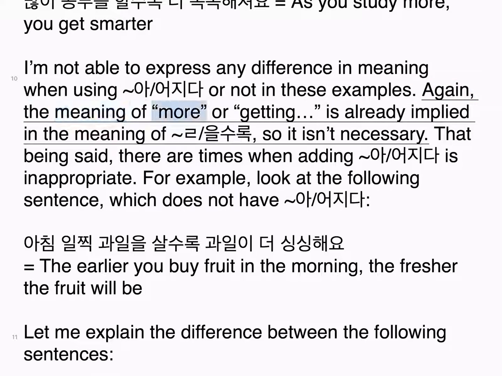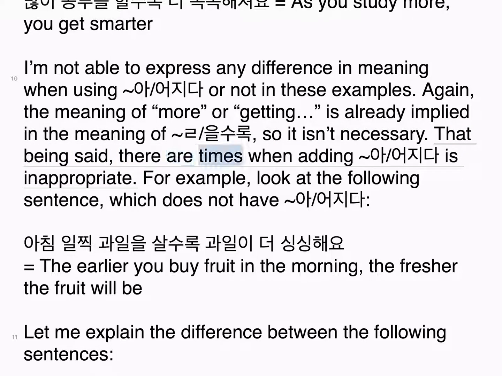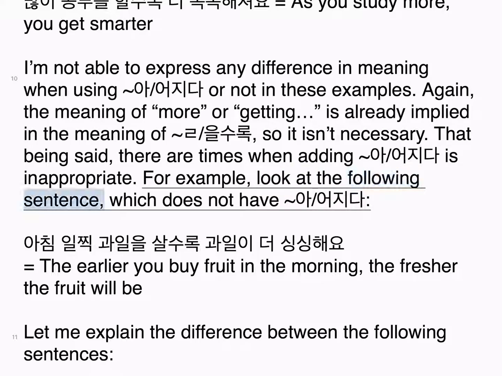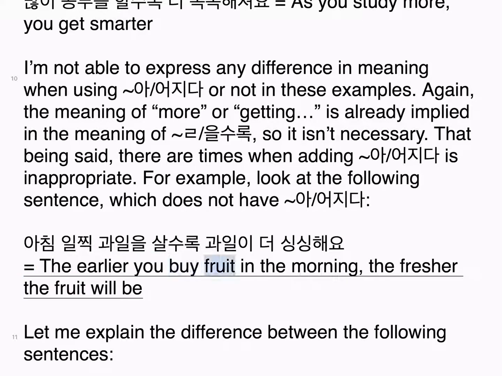Again, the meaning of more or getting is already implied in the meaning of 을수록, so it isn't necessary. That being said, there are times when adding 어지다 is inappropriate. For example, look at the following sentence, which does not have 어지다. 아침 일찍 과일을 살수록 과일이 더 싱싱해요. The earlier you buy fruit in the morning, the fresher the fruit will be.